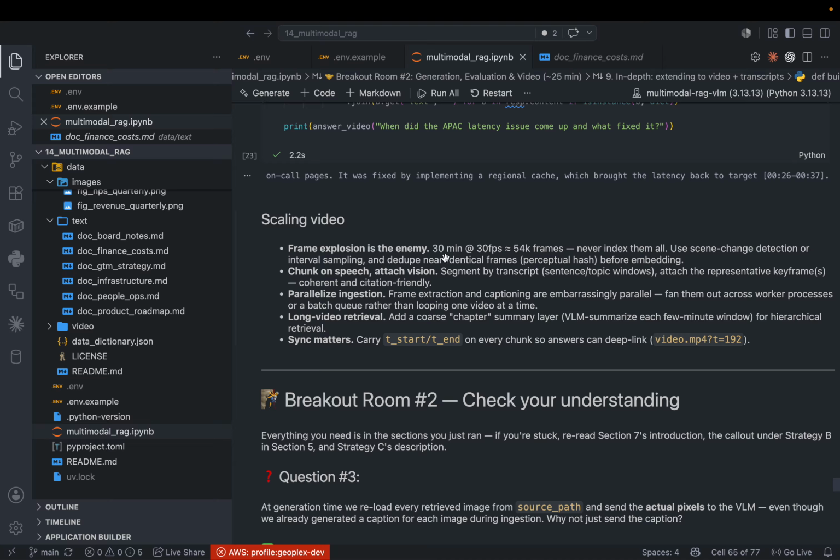So for 30 minutes at 30 frames per second, you can get over 54,000 frames, and so you wouldn't index them all. And so you have to come up with smart ways to capture the frames, reducing duplicates and so on.